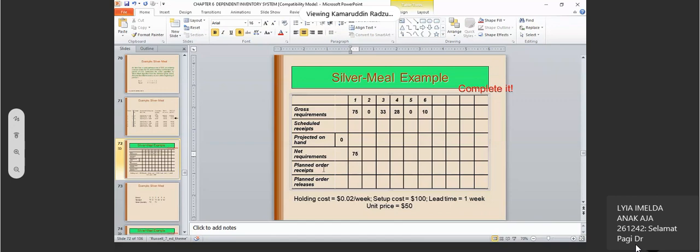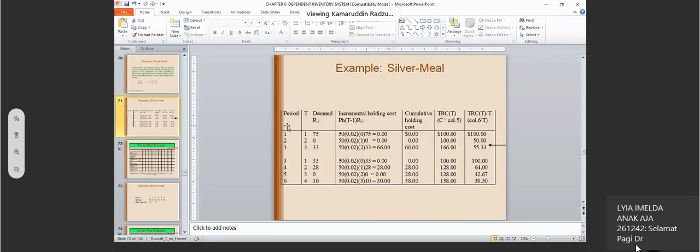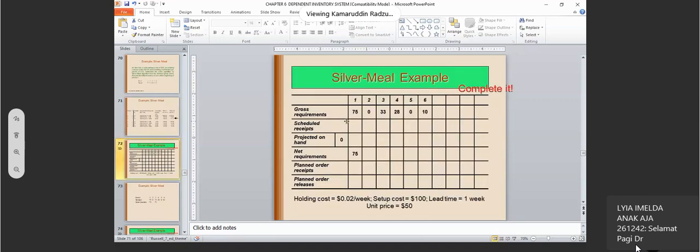In order to plan the order receipt here, we have to develop this table starting with period 1, and T is equal to 1, and the demand RT is 75 according to the gross requirement in period 1.